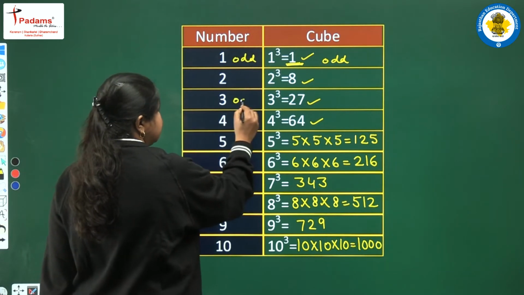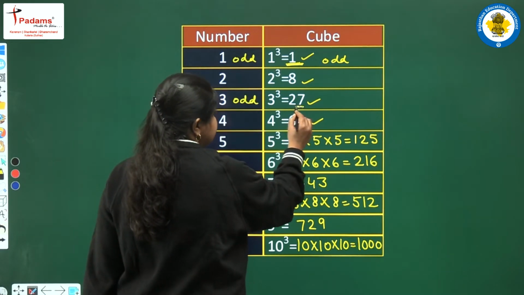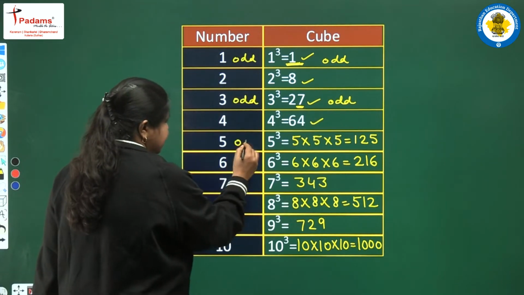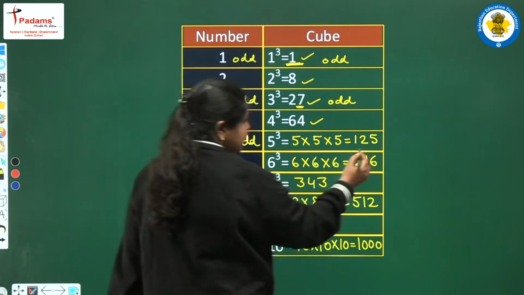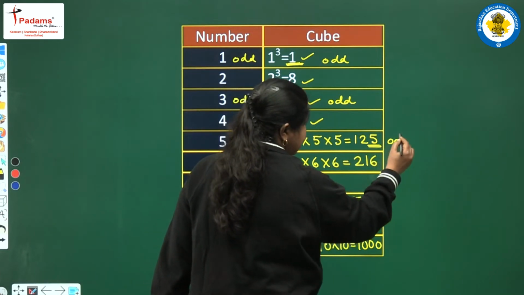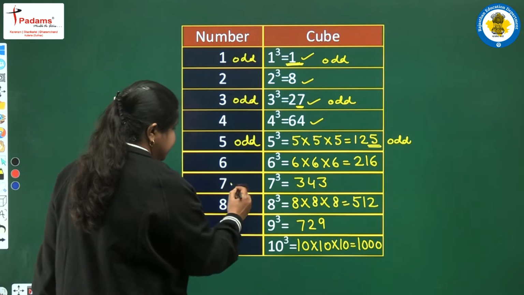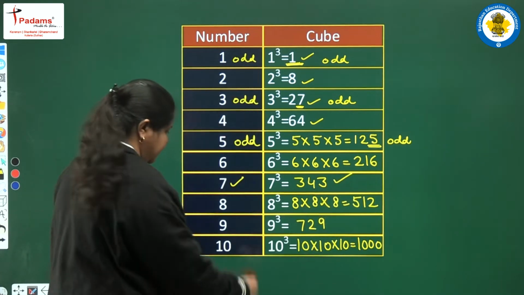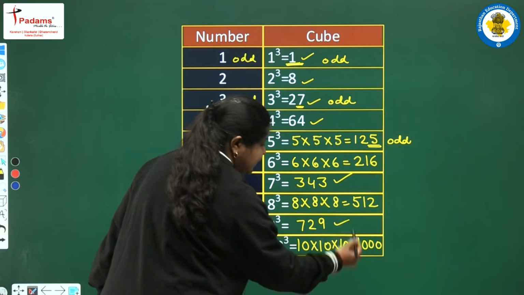Similarly 3 is an odd number and its cube it is ending with 7 and it is again an odd number. Take this odd number 5 और इसका cube 125, it is again odd. Similarly 7 is an odd number and its cube is again an odd number. 9 is also odd, its cube is also odd.